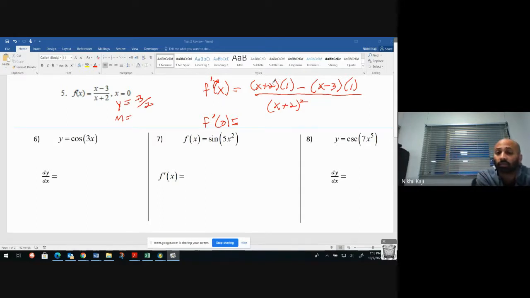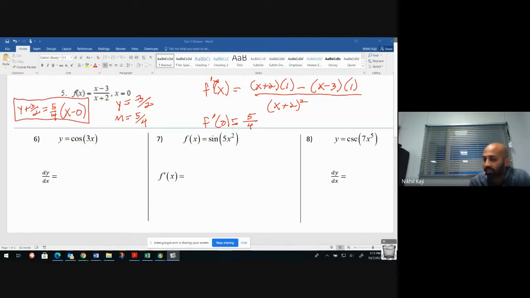Sorry, that ends up being 2 plus 3, which is 5 over 4. So here I go, y plus 3 halves equals 5/4 x minus 0. Do you really need that minus 0? No, but I'm putting it there just so you can see.